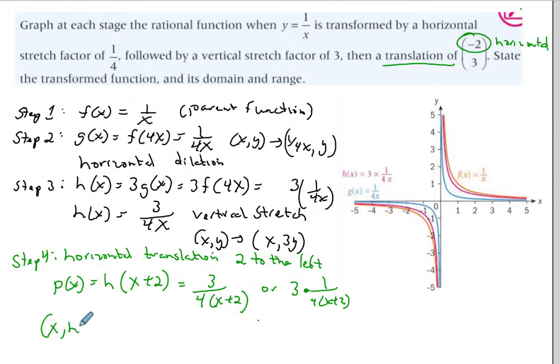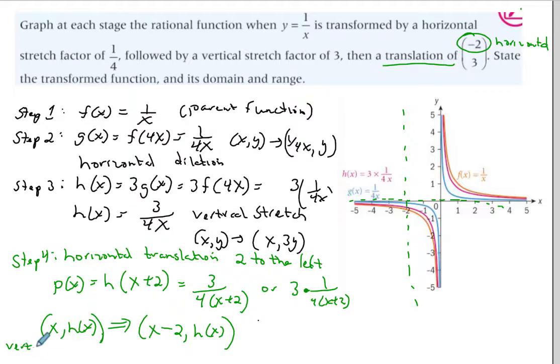In terms of the points from h of x, the points of h of x are now going to become the point (x minus 2, y), with the same y value. I'm going to start by moving my asymptotes, because this is the first one that affects the x.